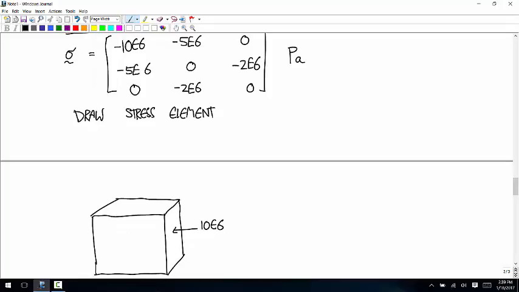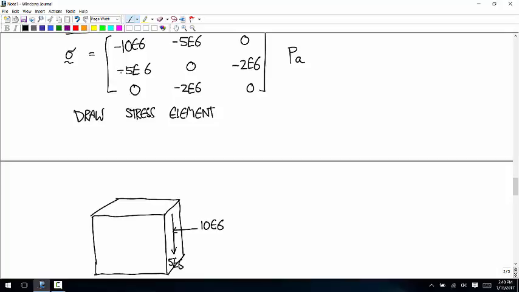Then on the x face in the y direction, we have negative 5 times 10 to the 6th. So that's a component in the negative y direction, down, with a value of 5 times 10 to the 6th. And then on the x face, nothing in the z direction.